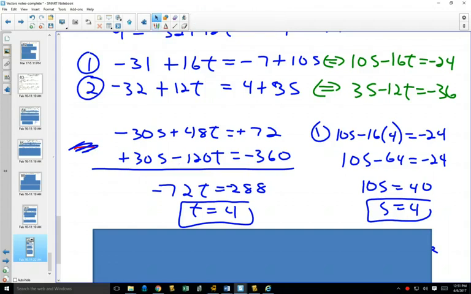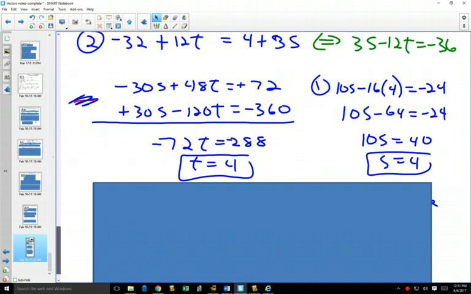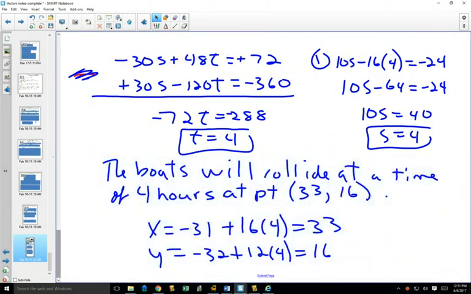And once you have t equals 4, you can choose either of the two equations, equation 1 or equation 2, and solve for s. And so you get s is equal to 4 as well. And so they will collide at the time of 4 hours.